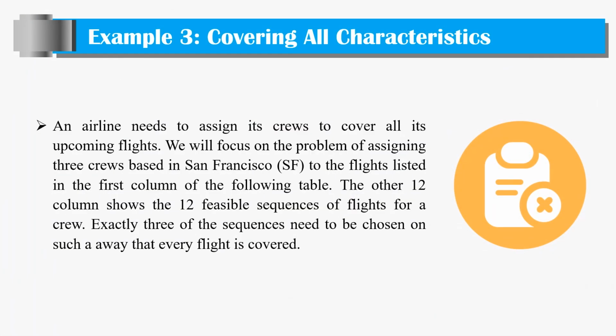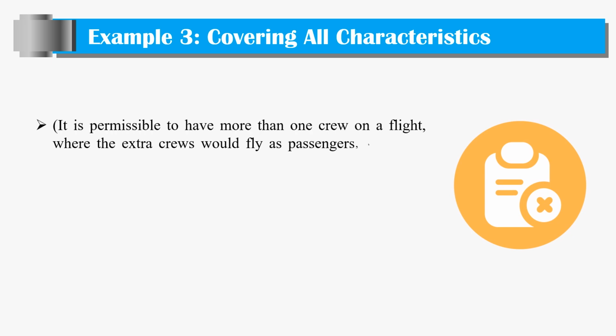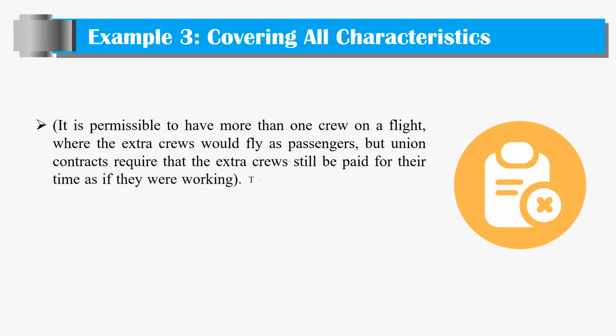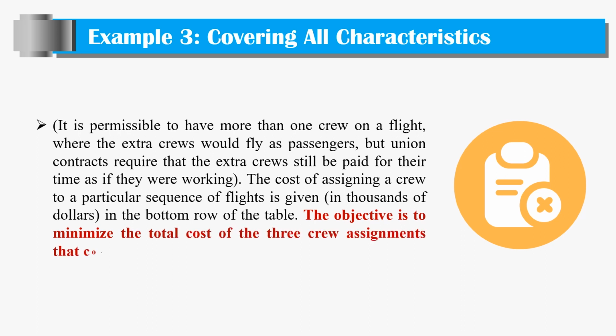Exactly 3 of the sequences need to be chosen in such a way that every flight is covered. It is possible to have more than 1 crew on a flight, where the extra crews would fly as passengers. But union contracts require that extra crews still be paid for their time as if they were working.